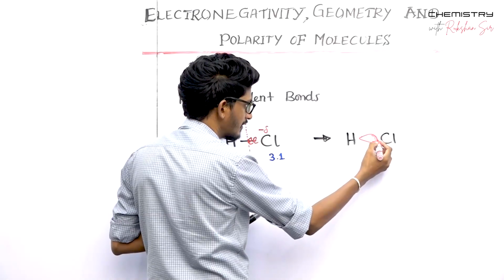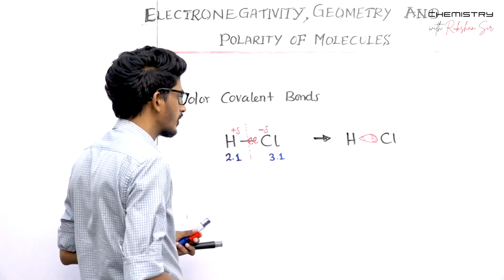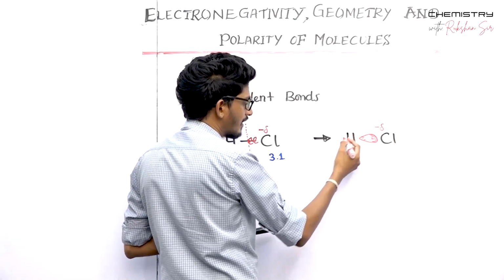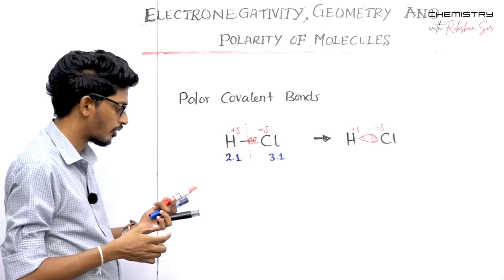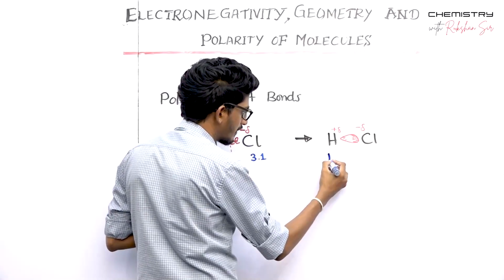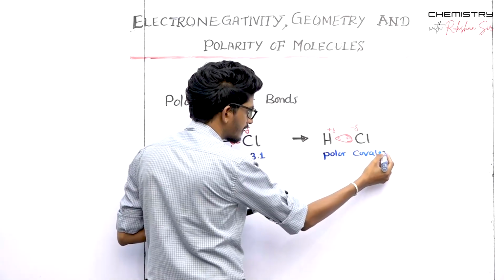The density here is very high and the density here is very low, so the chlorine's terminal is slightly negatively charged and the hydrogen's terminal is slightly positively charged. This kind of bond is referred to as a polar covalent bond.